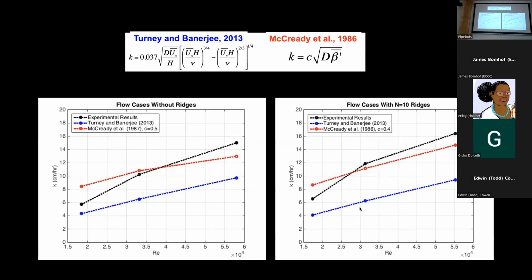And you see the McCready et al. model predicting her measurements, which were done by purging the flume of oxygen and then just letting DO re-aerate back into the flume. So these are oxygen measurements, but you can use whichever molecular diffusivity you need, in this case oxygen, but CO2, methane, to get at the gas transfer velocity for whatever low solubility gas you're interested in.